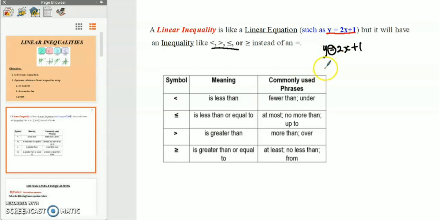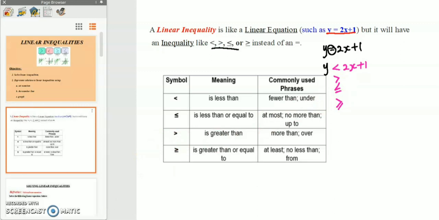But if we are speaking of inequalities, it would be something like this: y less than 2x plus 1. And please note that we're going to be working with 4 inequality symbols. In this case we have less than, we can also have greater than, less than or equal to, or also greater than or equal to. And we'll explore all these inequalities in detail along with examples associated with each of them.